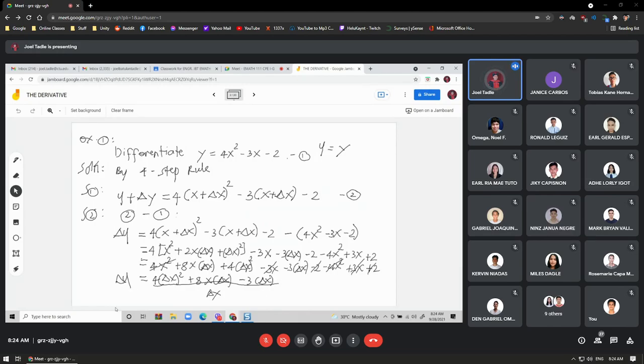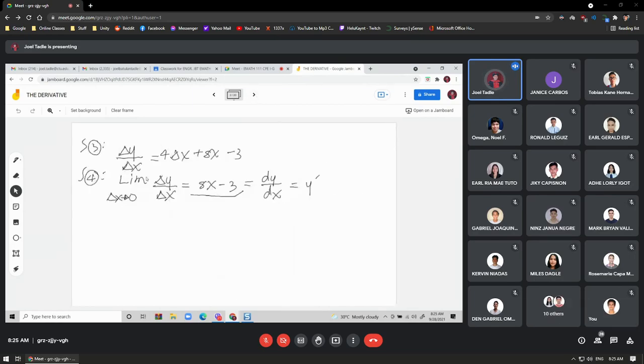So for delta y over delta x, on the right side the delta x will cancel out, so 4 delta x remains. Then in the second term the delta x cancels, so 8x remains. The negative 3 delta x, the delta x cancels, so negative 3 remains. So this is delta y over delta x: 4 delta x plus 8x minus 3.